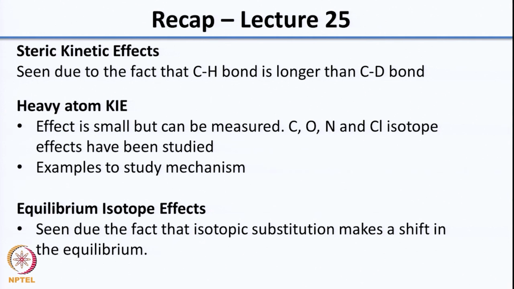So, to study this, simple tricks have been used such that you measure the concentration of the reactant and measure the enrichment of the heavier isotope closer to the end of the reactant. So, using these techniques you can actually measure very small kinetic isotope effects and we had looked at examples where these have been used to study the mechanism for reaction.